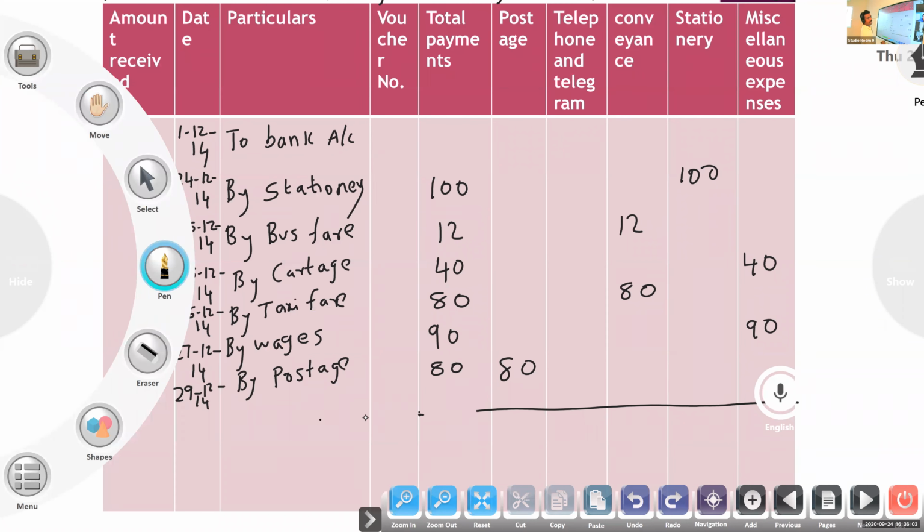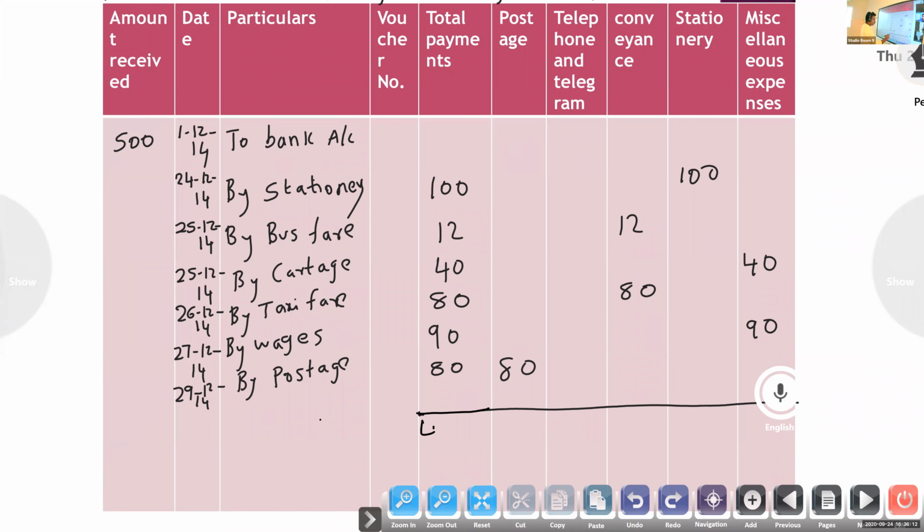Answer? Anjo? Anet? Yes, sir. So 402. Next, each column separately. If you total this also, there is no need to underline, then we will get 402.